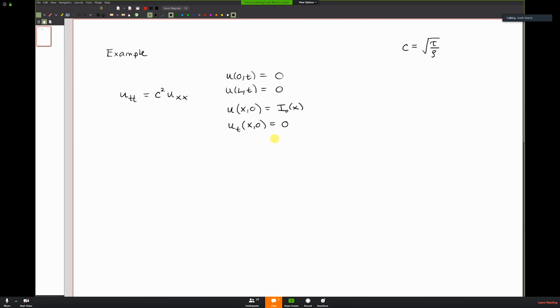So this is characteristic of a plucked string, a plucked instrument, where I have some initial displacement of the string, and then I let it go, and the system then evolves according to the wave equation with a constant c squared here.